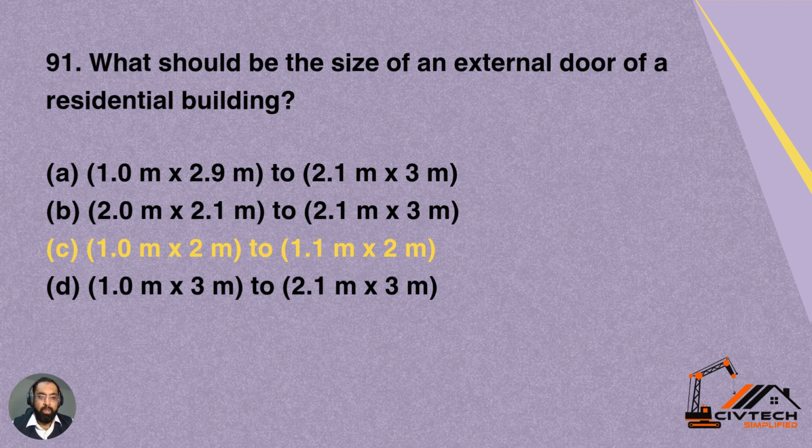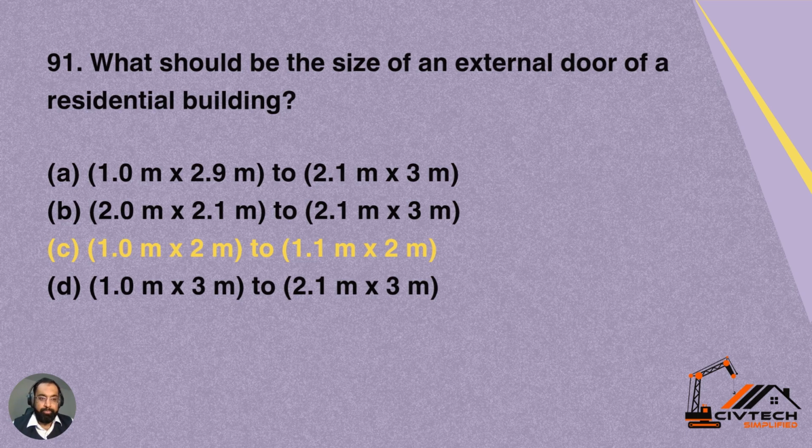Option C is 1 meter into 2 meter up to 1.2 into 2 meter. Option D is 1 meter into 3 meter to 2.1 into 3 meter. So we already discussed that it should be at least 2 meter height. So option C is correct for this question, which says 1 meter into 2 meter up to 1.2 meter into 2 meter.